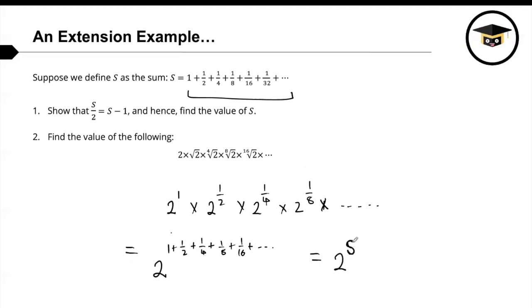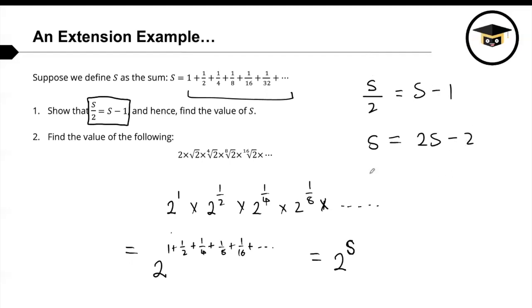Now the question is, what actually is S? Well, we can solve for what S is from this equation in question 1, which we already proved. If we know S on 2 is equal to S minus 1, then we can multiply both sides by 2. So we're going to get S on this side, and 2S minus 2 here.